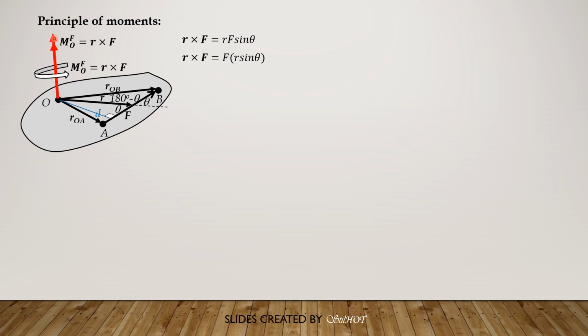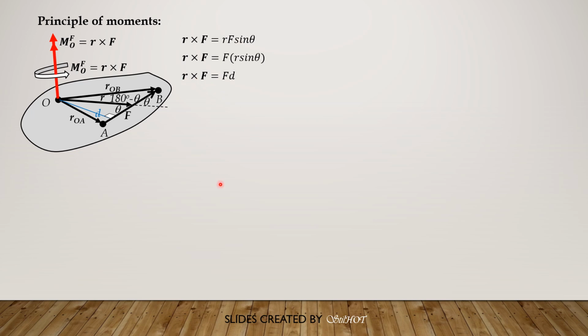and this is the direction of that, or the sense of that moment about O, and we interpret R sine theta as D, the perpendicular distance of the force from the point O, and that's why F times D is the moment in scalar form.